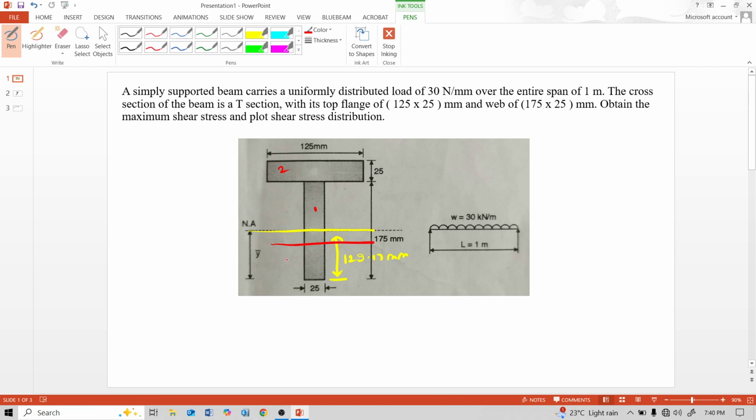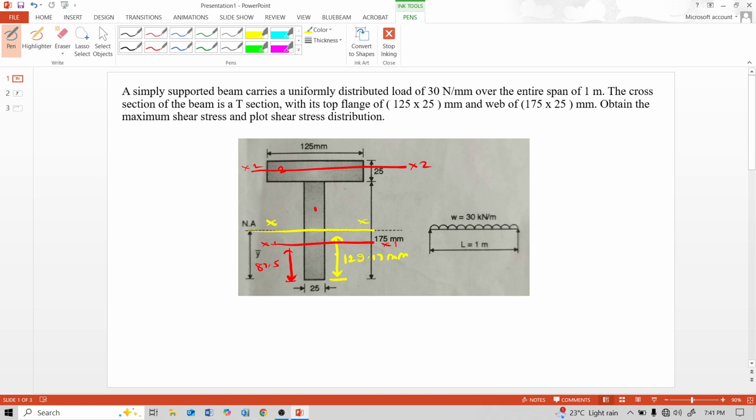This red line is the centroidal axis of the web portion, x1, this is the flange portion x2, and this yellow line is xx.